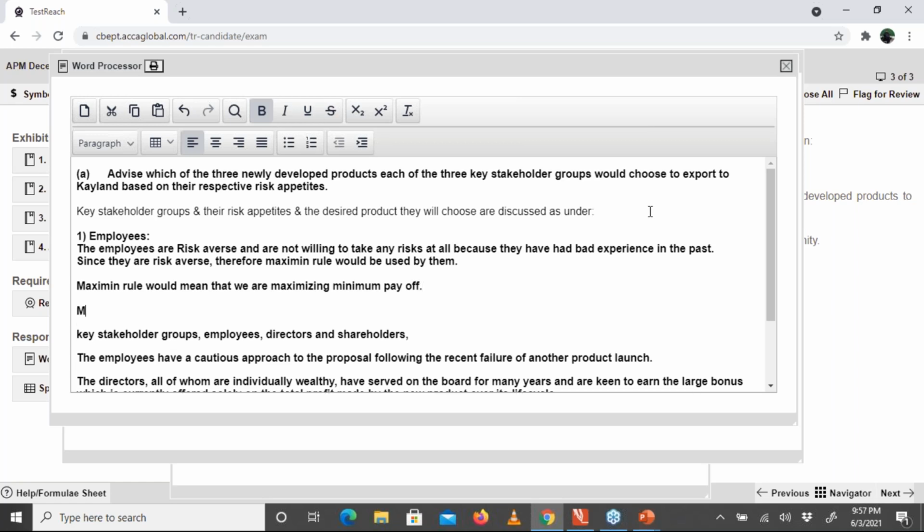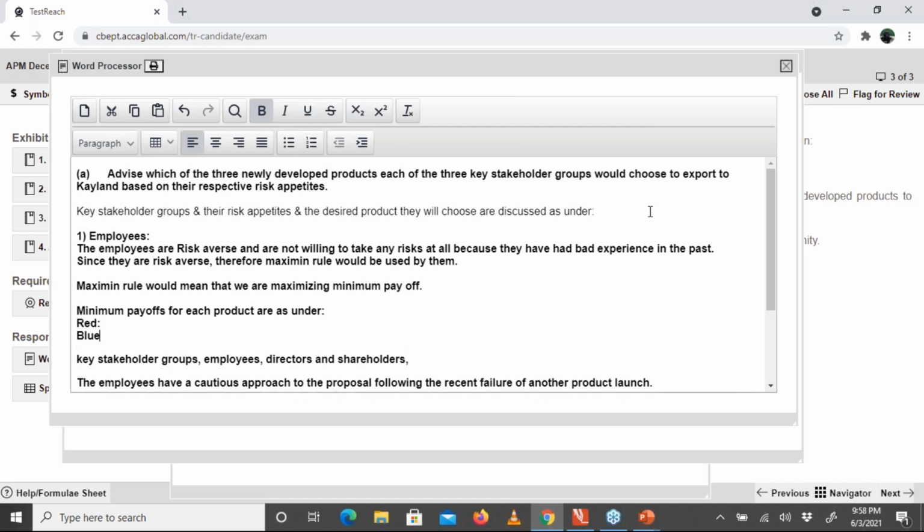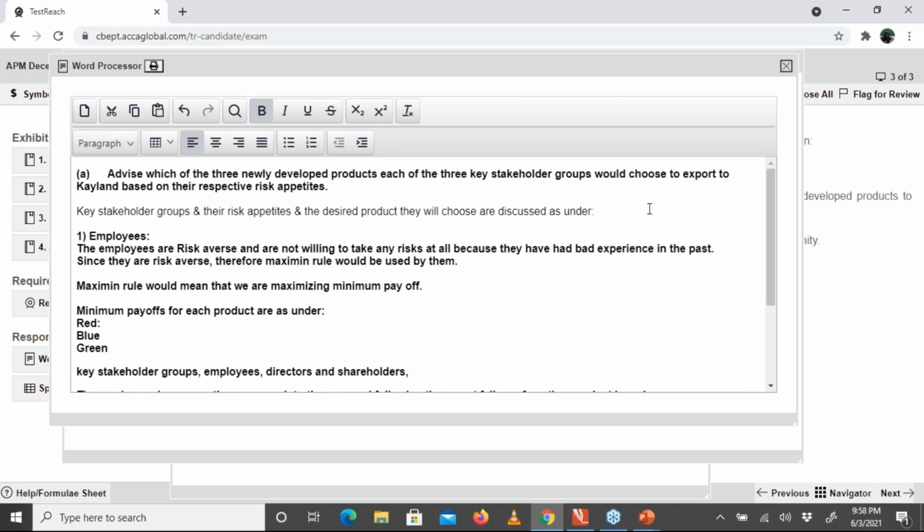So the minimum payoffs for each product are as under: red, blue, green.